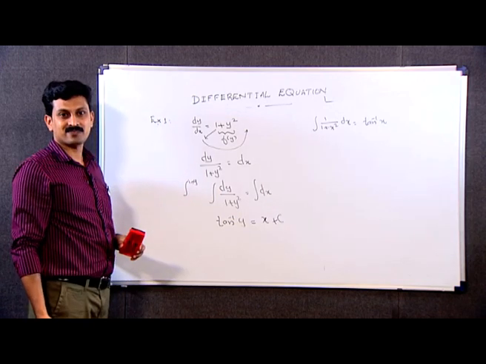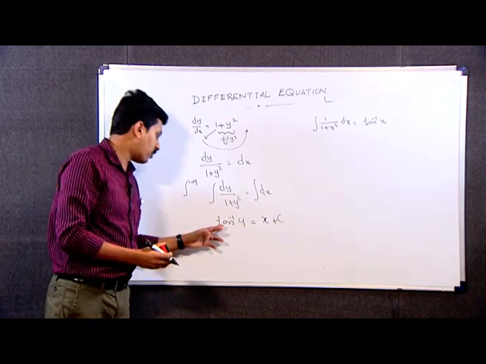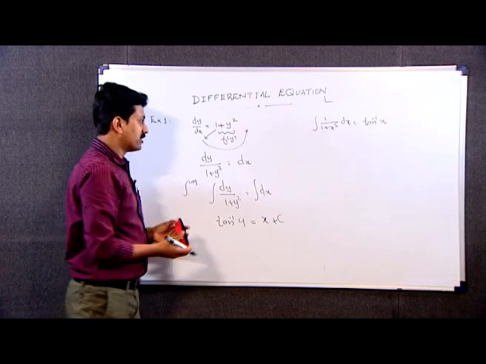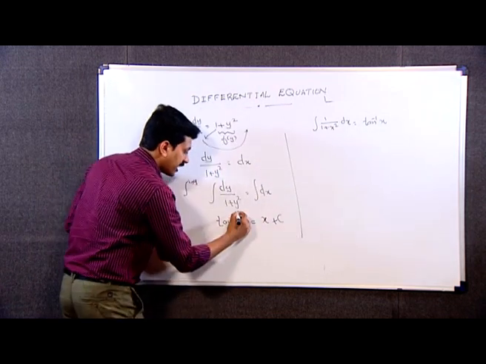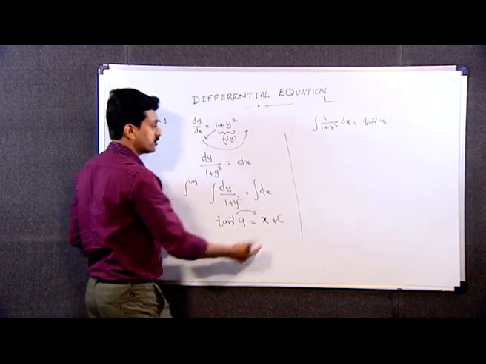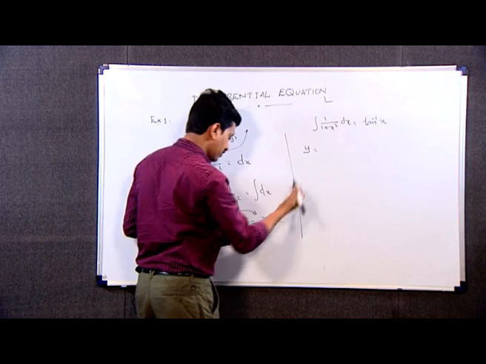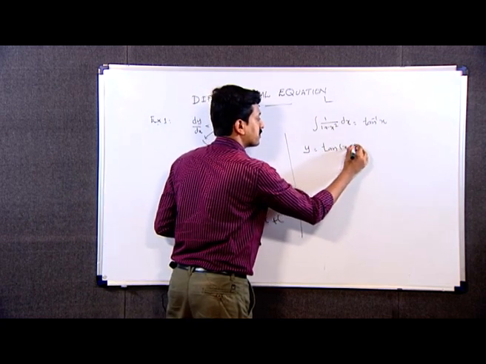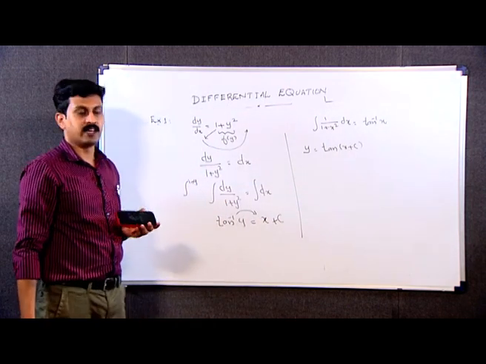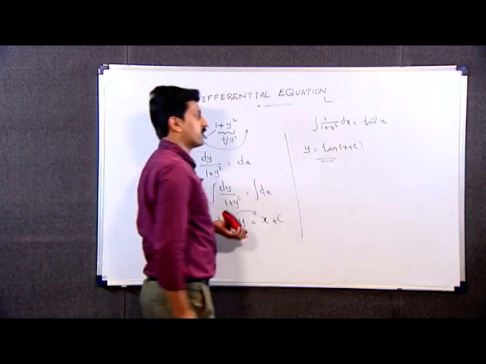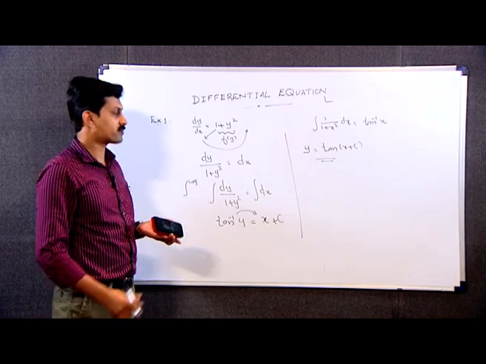To get rid of the tan inverse of y, we have to get y. So, we take the tan inverse to the other side, and y is equal to tan of x plus c. Therefore, this is the solution of this differential equation.